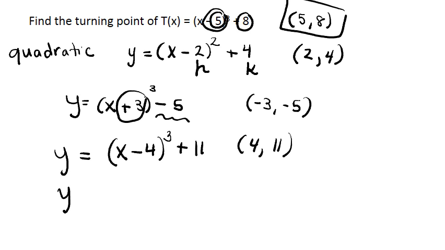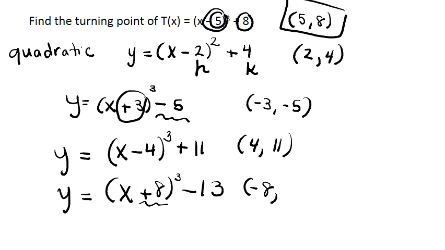And if we had (x plus 8) cubed minus 13, that would be the opposite of this, negative 8, and then this as it is, negative 13. And that's just pretty much it for those.